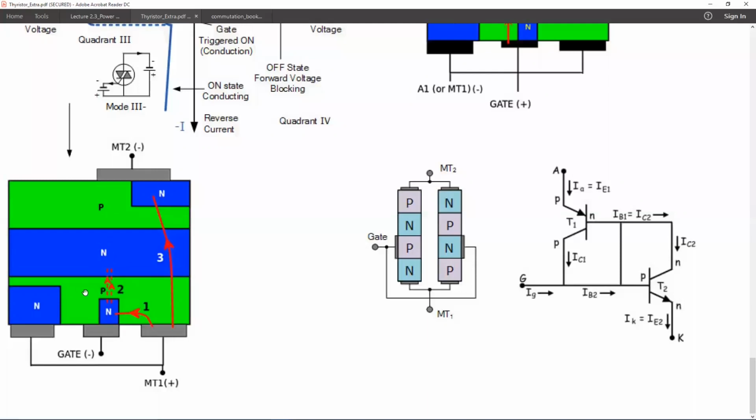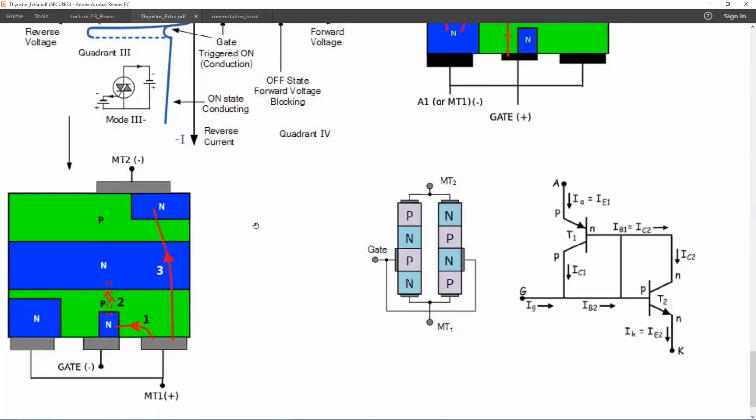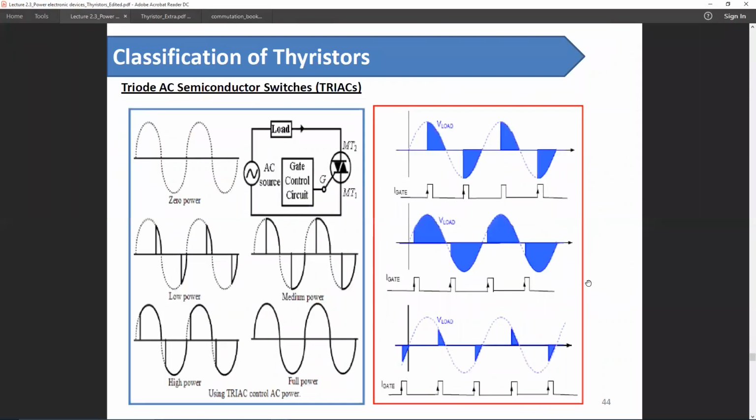And if this gap is close enough, this is very likely to happen. So this is the quadrant 3 operation of a triac. So this will be the output of a triac.